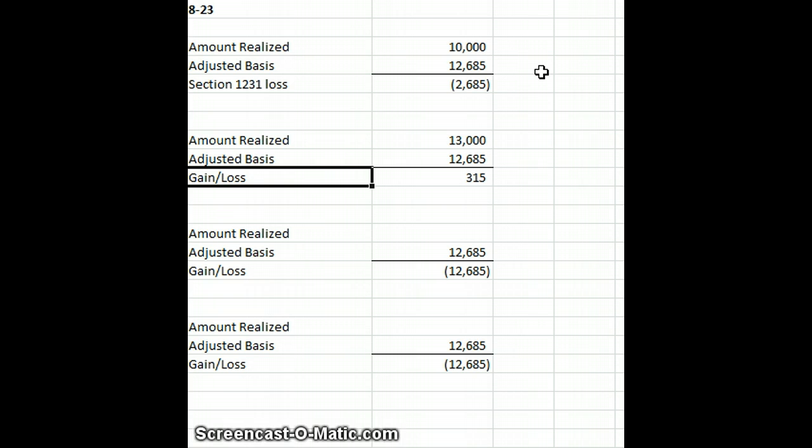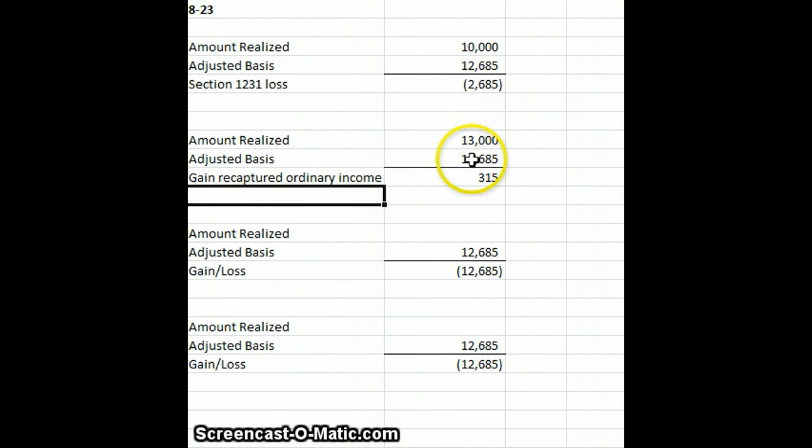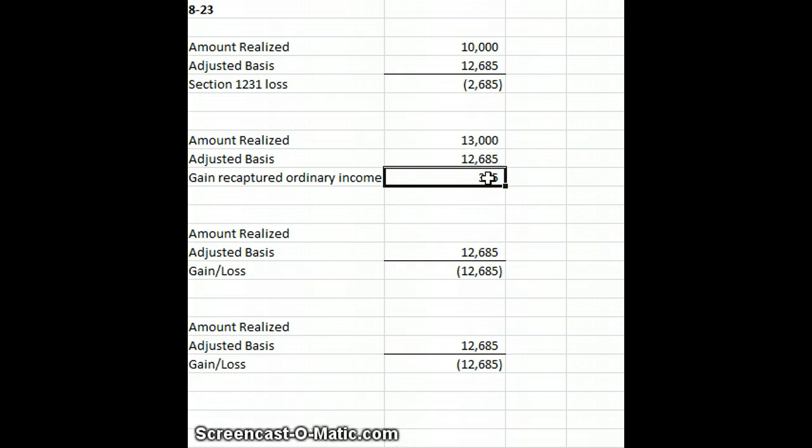So therefore, our gain is going to be our recaptured ordinary income to offset the amount that we had taken as depreciation expense. So that $315 is going to be ordinary income.